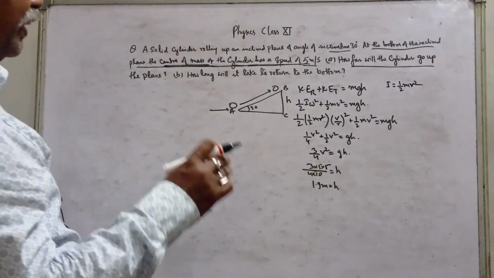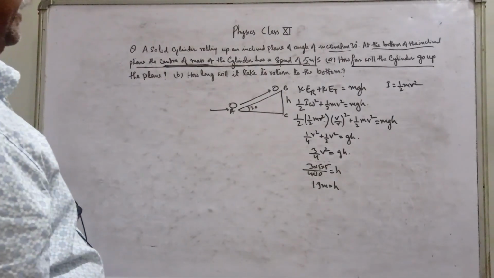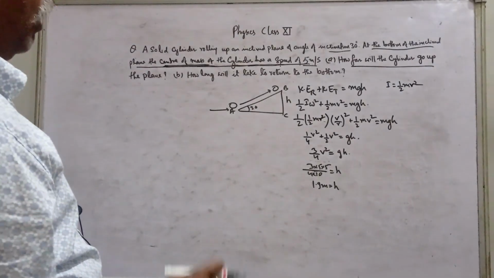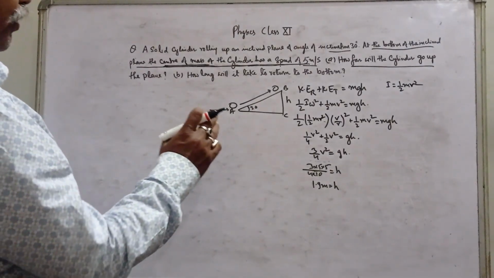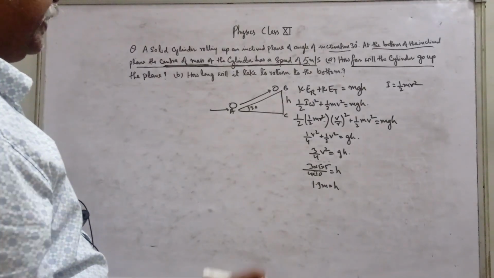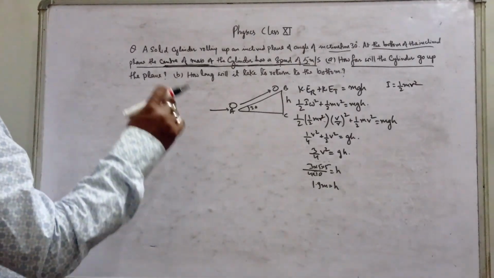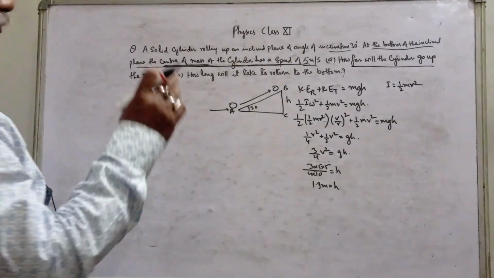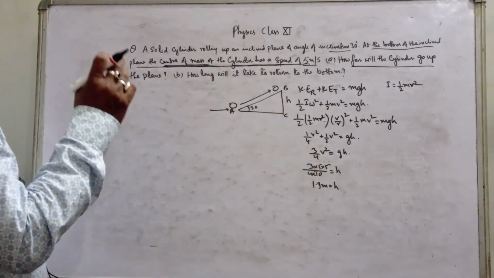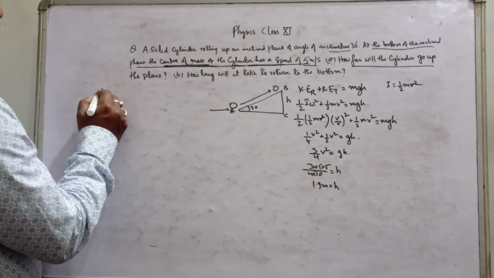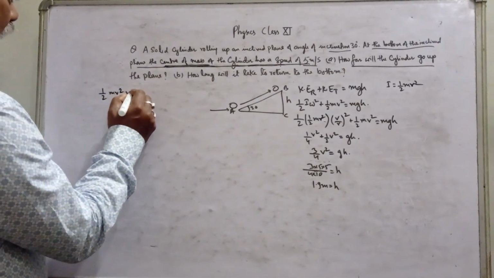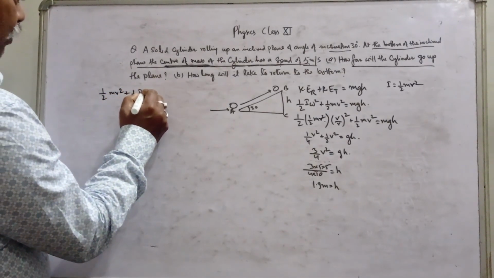You have learned in your theory that the total kinetic energy for rotational and translational motion will be half m v square plus half I omega square.